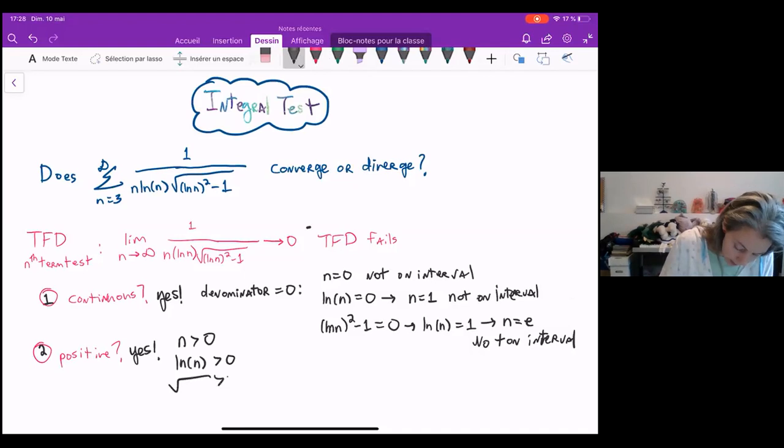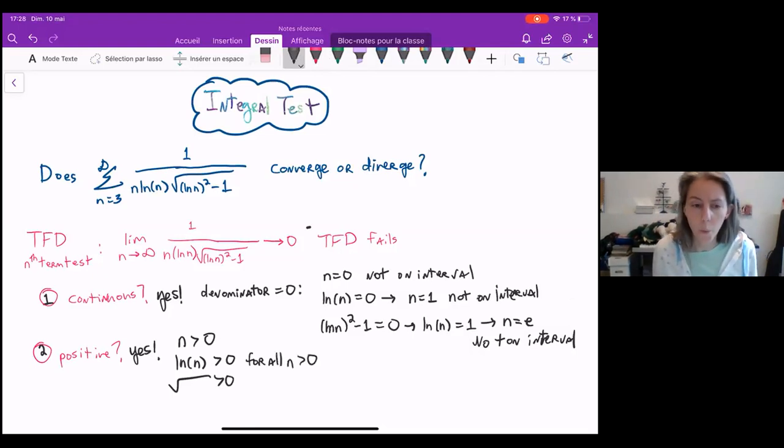And a square root is positive. So it is positive for the interval that we care about. We're only looking at n greater than 3. Ln n is positive on that interval. Square roots are always positive. N is positive on that interval. So yes, this is positive.